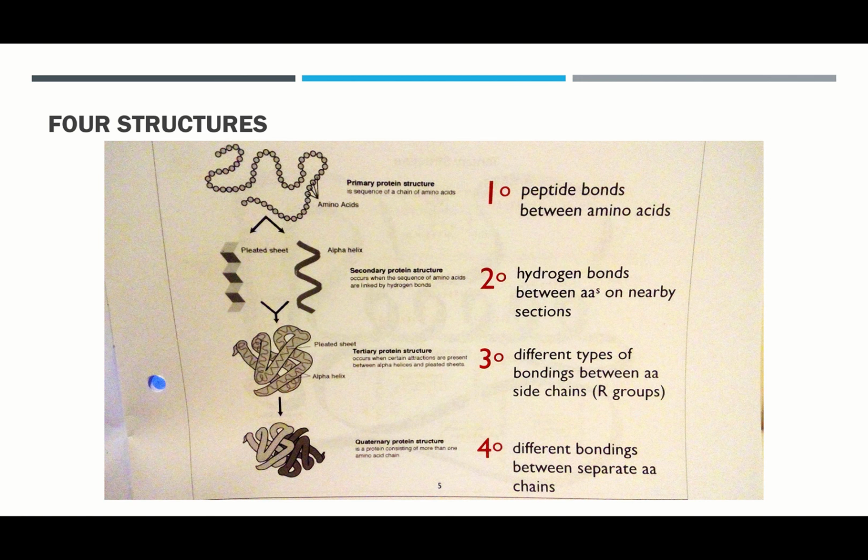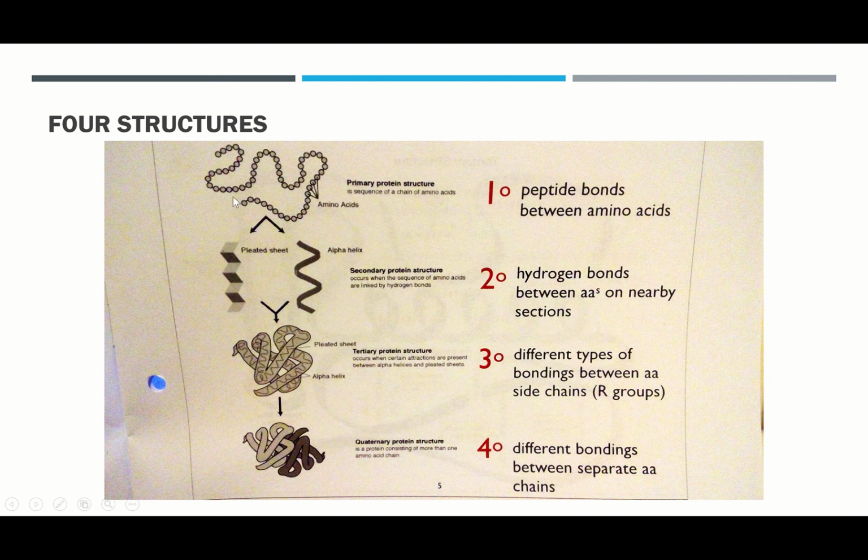Next, we get to know the four structures of protein. There are four structures, and they are in order primary, secondary, tertiary, and quaternary. They're kind of weird, but I'll explain them one by one. The primary structure is the sequence of the chain of amino acids.